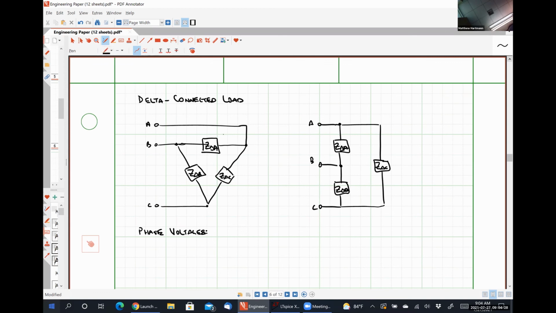So VAB, VBC, and VCA are our phase voltages.